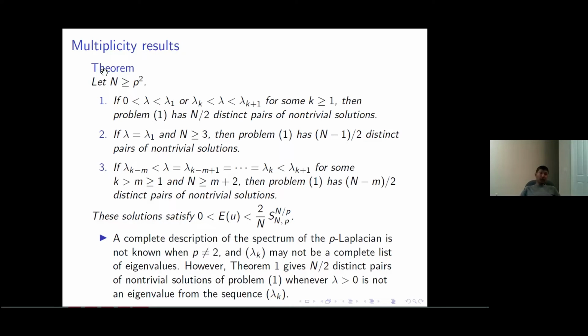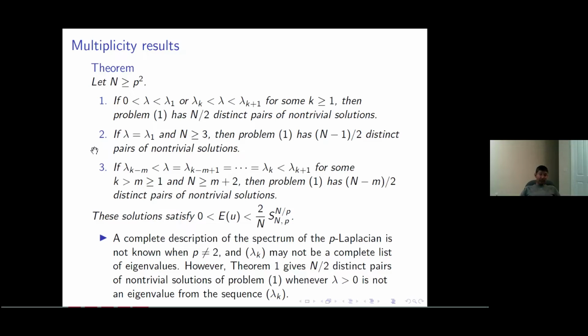So part one of the theorem says that as long as lambda is not an eigenvalue from this particular sequence defined using the Z2 cohomological index, then the problem has n divided by 2 distinct pairs of non-trivial solutions. So this is the case where lambda is not an eigenvalue.